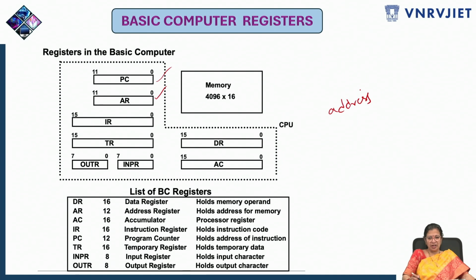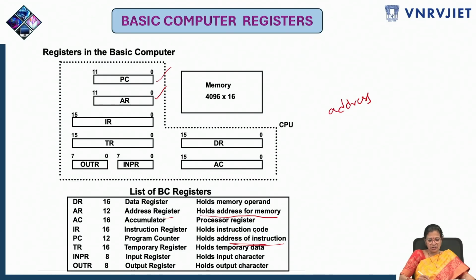The program counter is meant for holding the address of the instruction, and the address register will be holding the address of a memory location, whether it is for fetching data or fetching an instruction. The PC holds the address of the instruction, whereas the address register usually holds the address of memory.